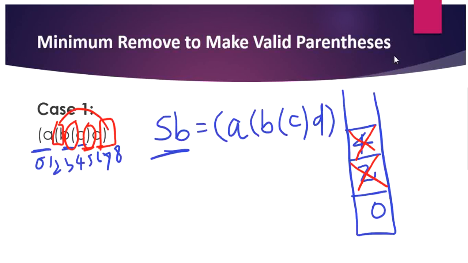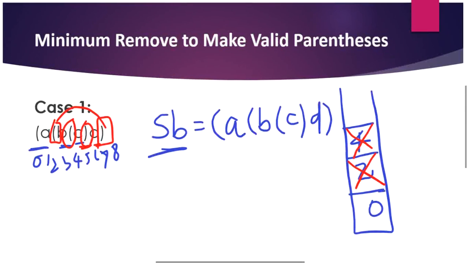In this case, we are going to check what is left in the stack. As we are pushing only open bracket indexes to the stack, we have one extra open bracket left in the stack. So simply we have to delete the character at this index from the string builder to get the desired string.